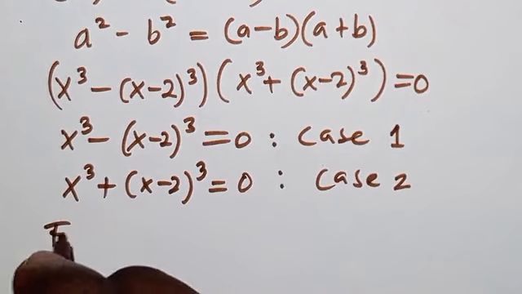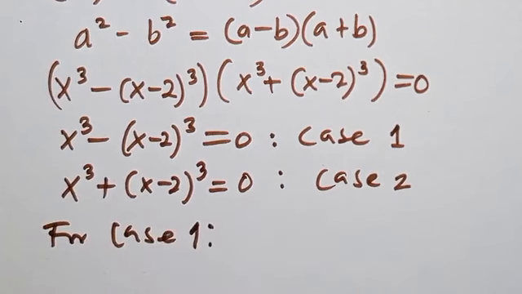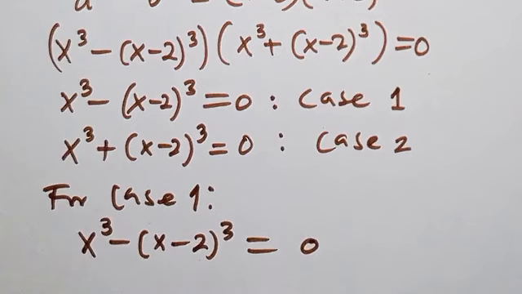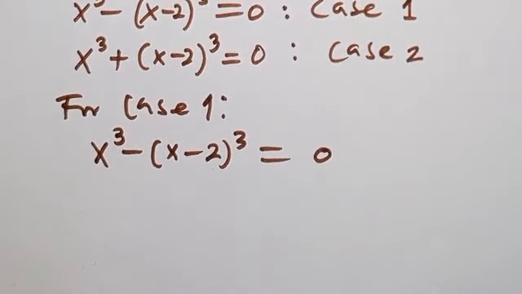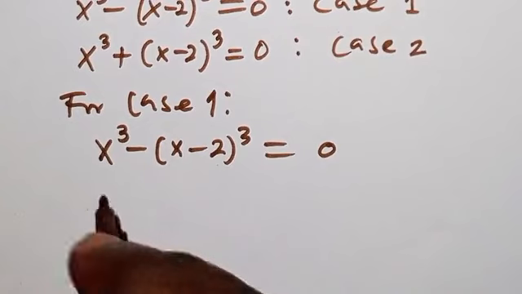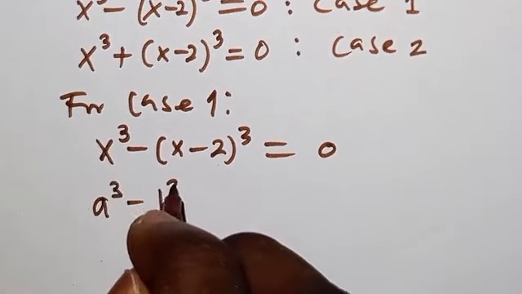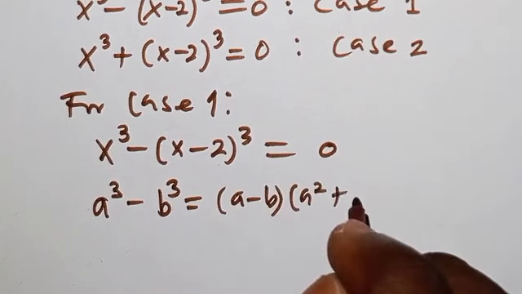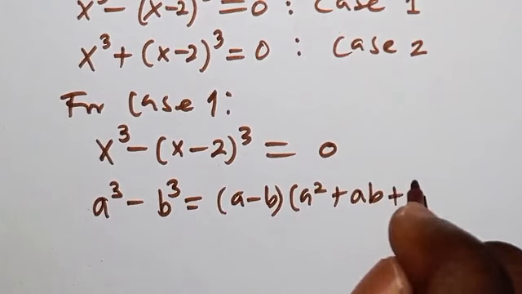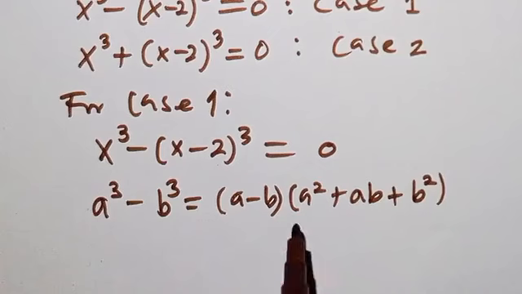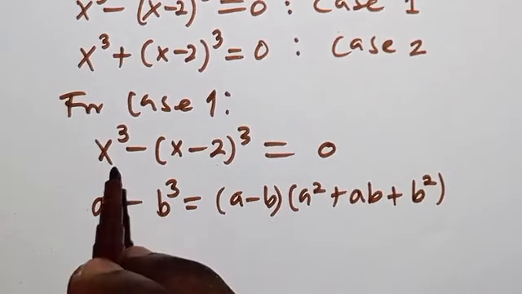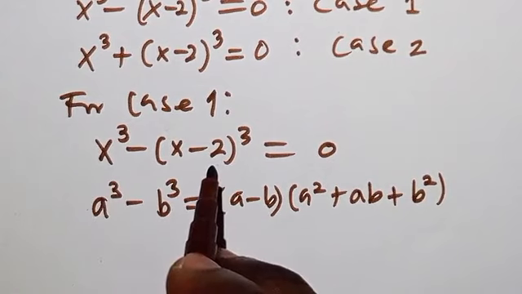Now for case 1, where we have x to the power of 3 minus x minus 2 to the power of 3 equals 0, what are we going to do? Recall that a to the power of 3 minus b to the power of 3 gives us a minus b, a squared plus ab plus b squared. So we're going to use this now, where a will be x and b will be x minus 2.